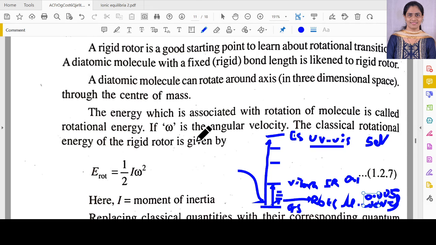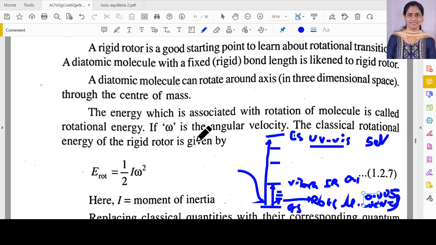So these points you need to remember in case of molecular spectroscopy. Remember the properties of the electromagnetic spectrum. Basically, light is electromagnetic radiation having an electric component as well as a magnetic component. Remember each region of electromagnetic radiation, the applications of electromagnetic radiation, and the selection rules of different transitions.